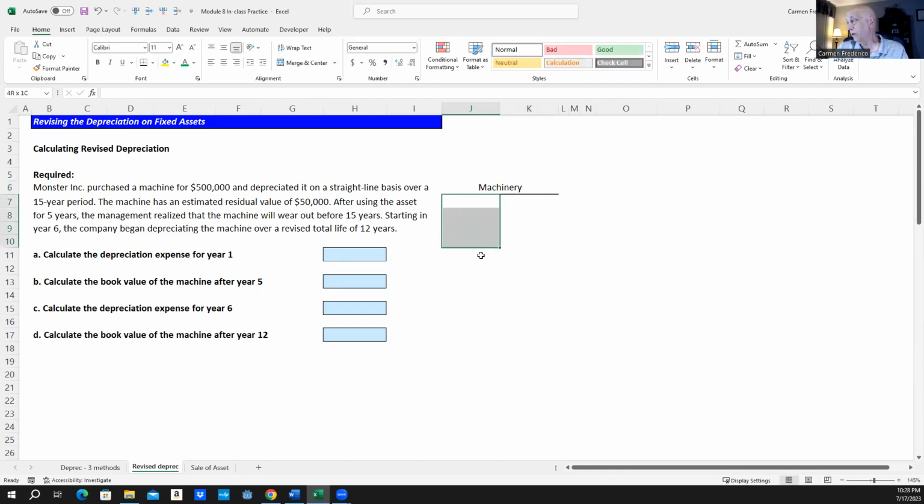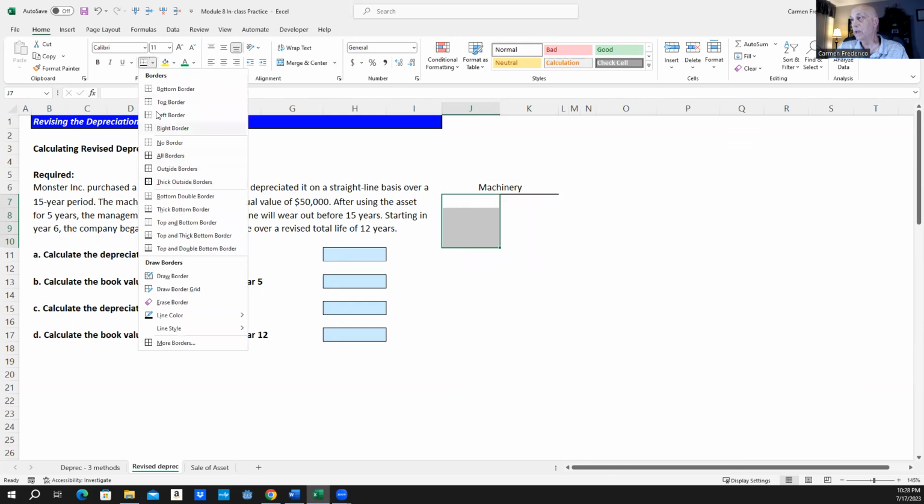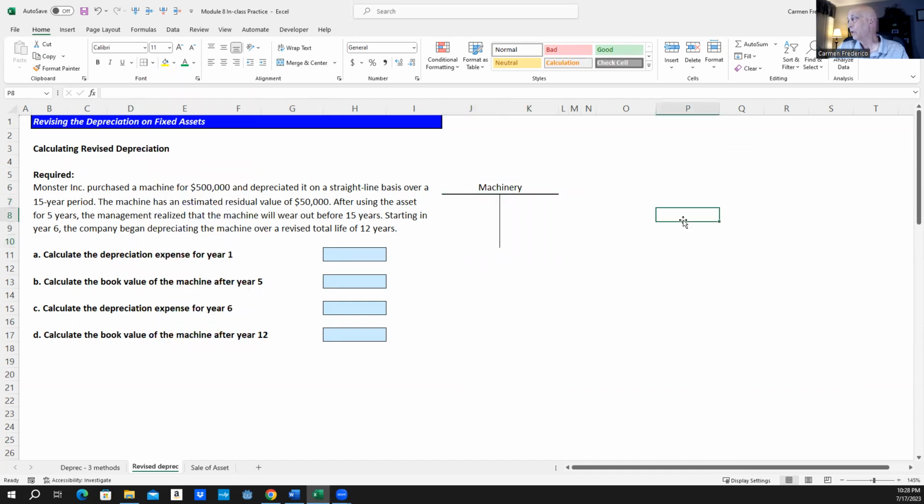I'm going to draw a line down the middle here. And then we have accumulated depreciation. I call this accumulated depreciation on machinery.